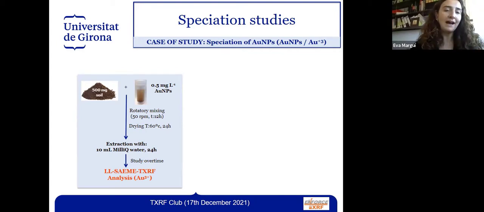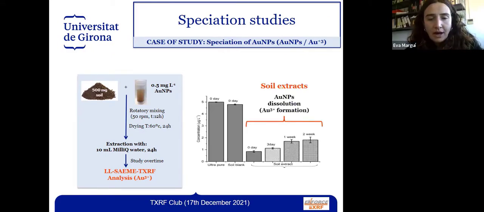Sorry, it's different times, and then we evaluate the liquid in the solution to evaluate the presence of gold. As you can see here in the figure, the amount of ionic gold over time was increasing. This means that the nanoparticles that were adsorbed in the soil are transformed to the ionic form.